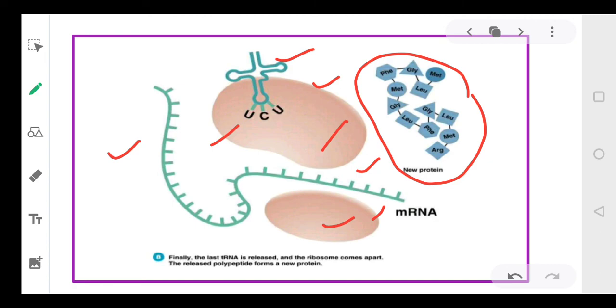And this is done by whom? The stop codons. The stop codons present at the A site are not identified by the tRNA. Thus this is called dissociation of the complex. Okay, I hope you've understood.